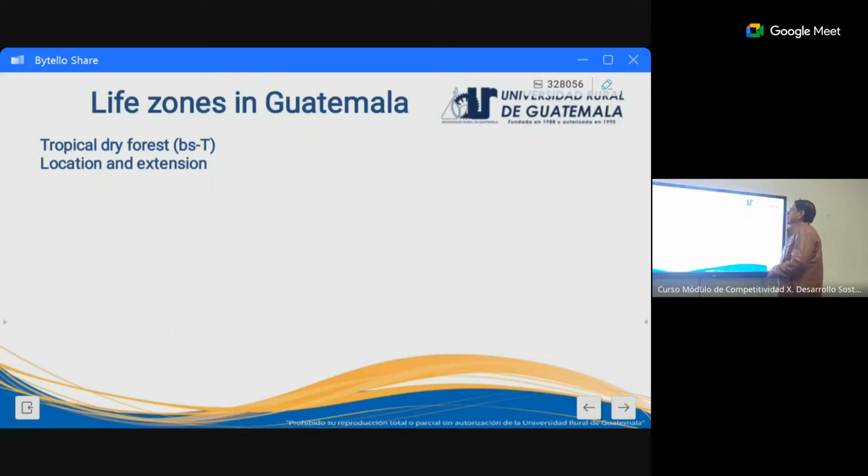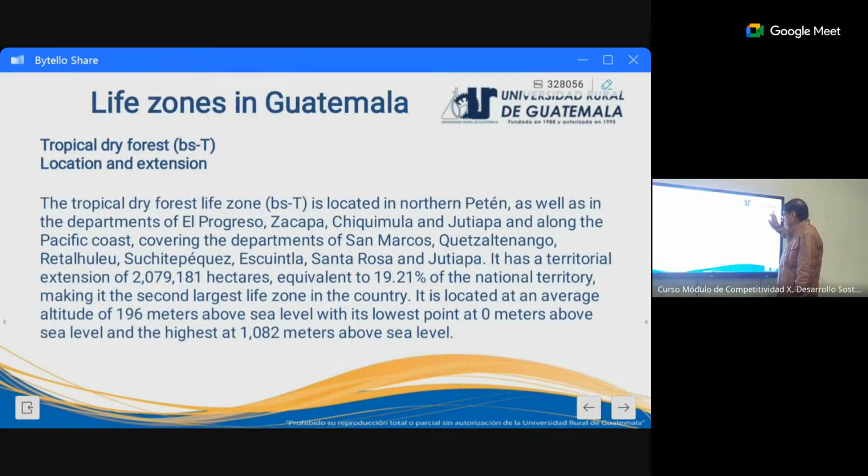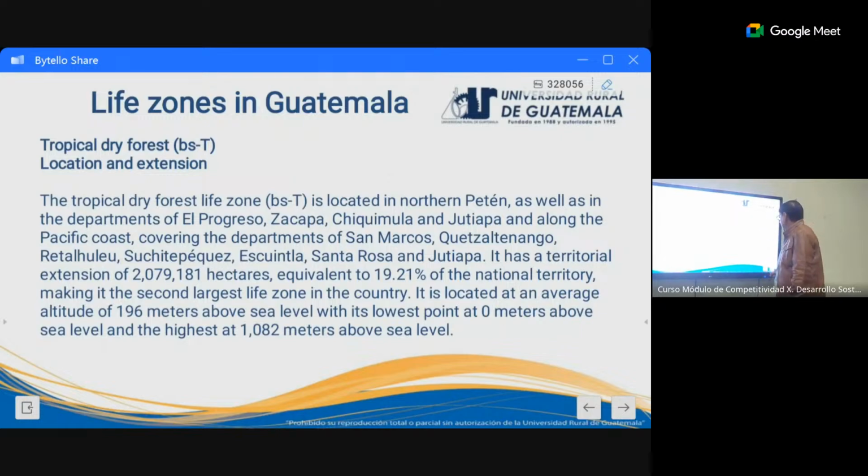Now there's another climate that is tropical dry forest. Let's check the location and extension of this area.